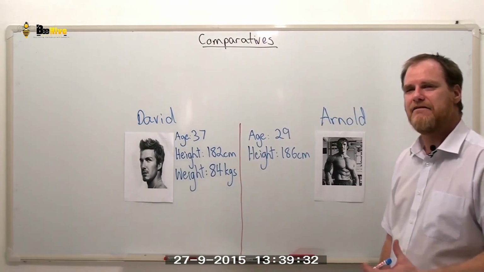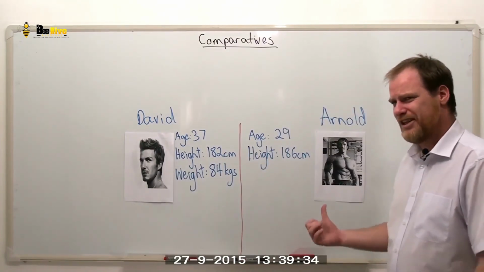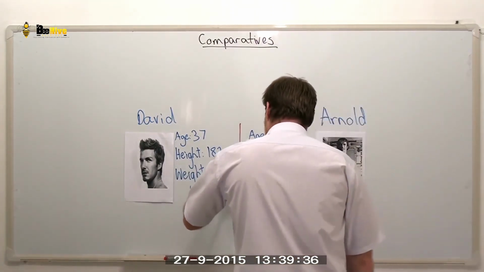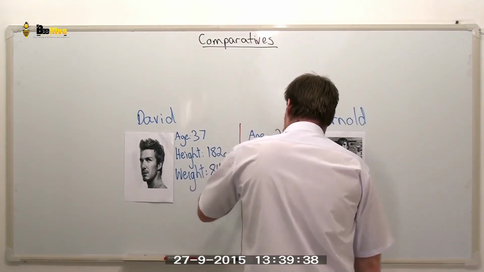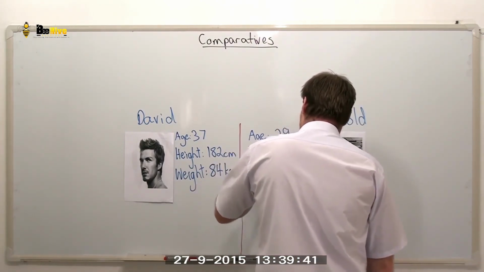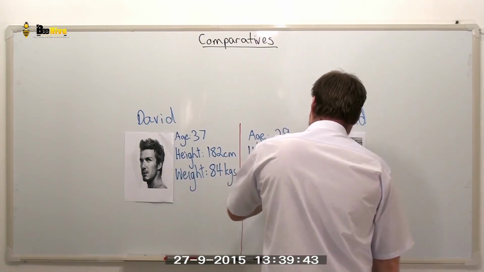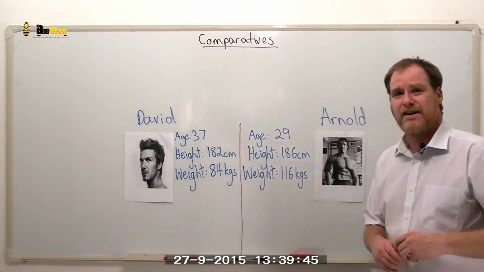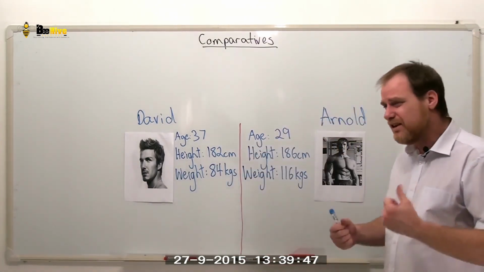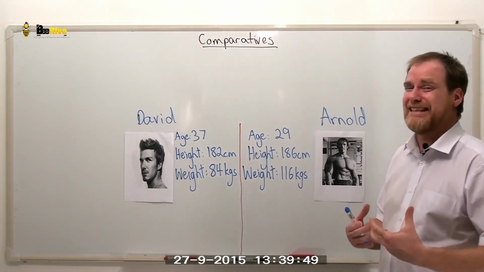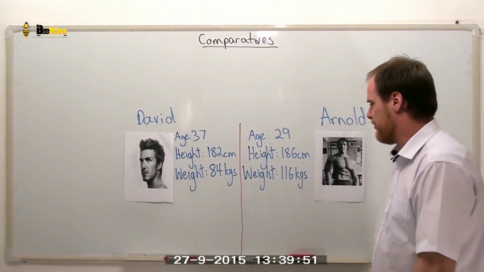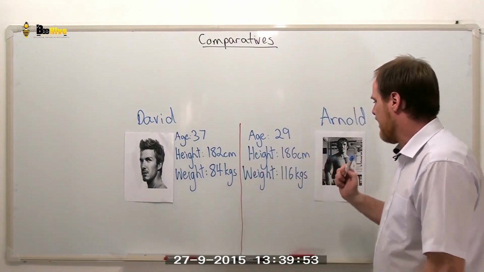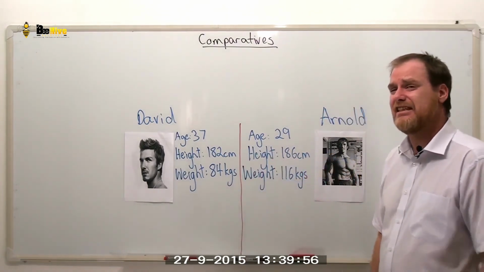He is 84 kilograms. What do you think he weighs? He's a big boy. Okay, so Arnold is a big man and lots of muscle. And as we know, muscle is heavy. So we can say he is 116 kilograms.